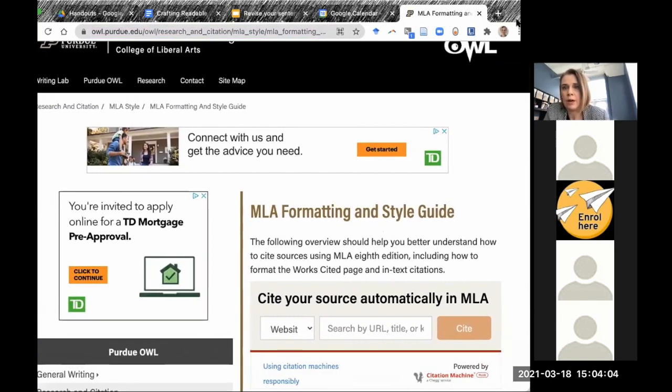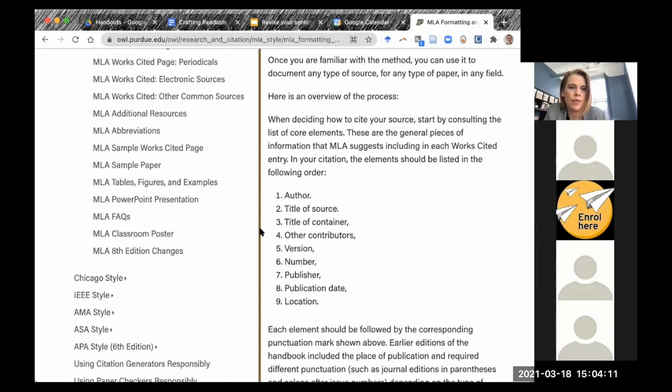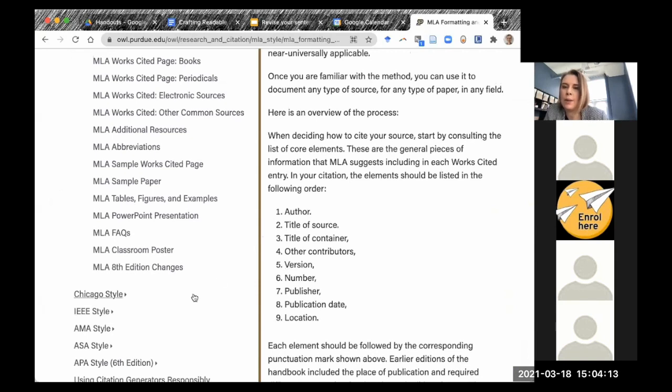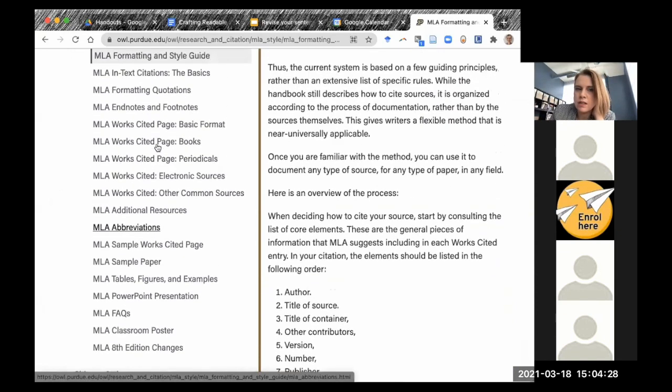Also use that library resource, contact the librarians. They can be very helpful. One thing that OWL at Purdue has is sample papers. So a sample paper and sample works cited page, they have this for MLA and APA. And I find that really helpful if you kind of get overwhelmed with trying to find different things in the style guide.